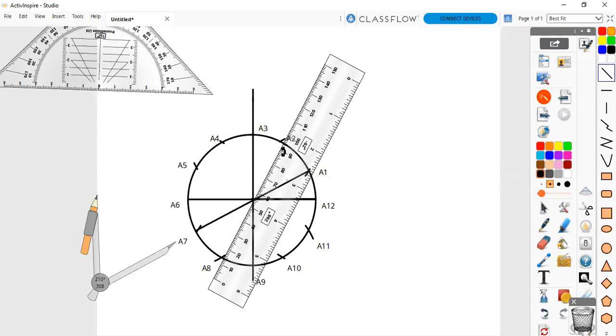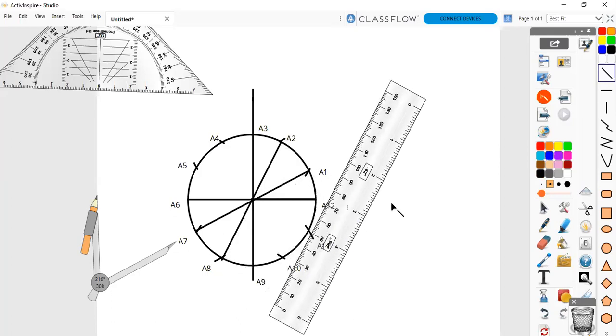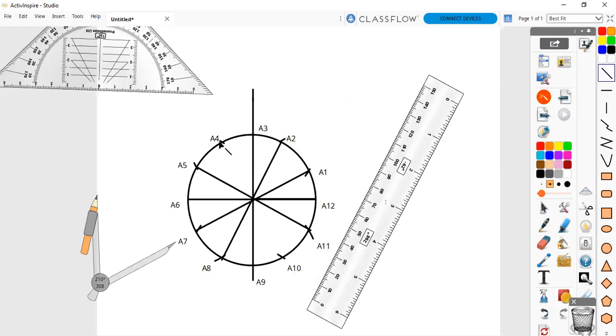Now again use this pencil and draw one line which is going to join center, A2 and A8 like this. Same way, join A5 and A11, and A4 with A10.